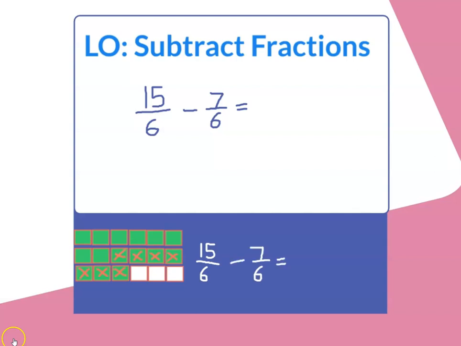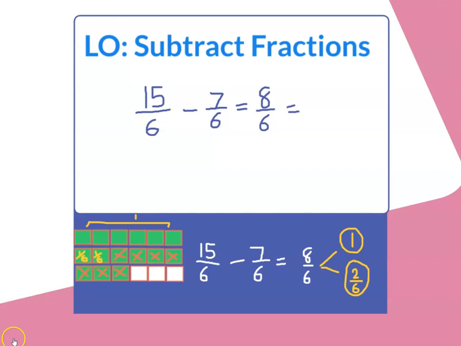You can see that we're left with 8/6. But we notice that that is an improper fraction. 8 parts of 6, as you can see from the bar model, is equivalent to 1 whole and 2 remaining parts of 6.